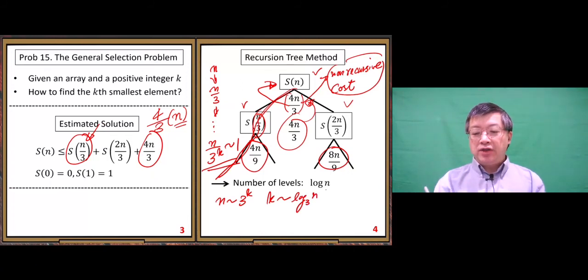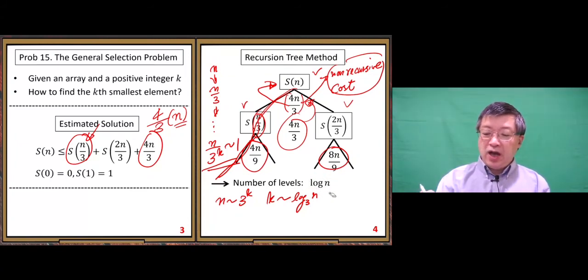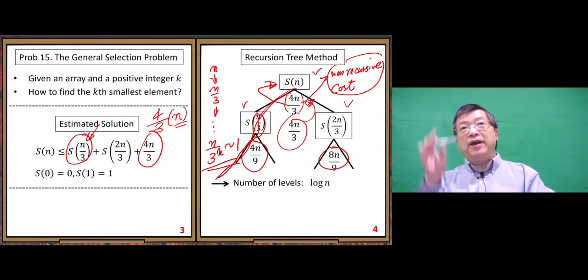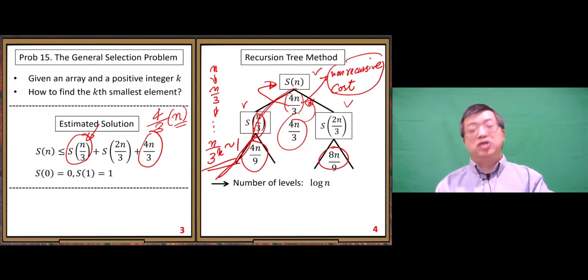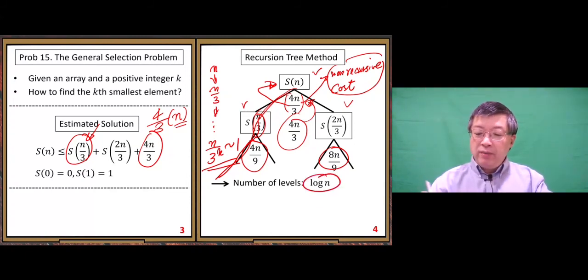So the level number k is approximately log base 3 of n. Here, base 3 is not that important, just a constant, so we just use some abstract base number, although it's 3. We use this log n to estimate the level number. Then you can see the total cost estimate: level number multiplied by the non-recursive cost of each level.